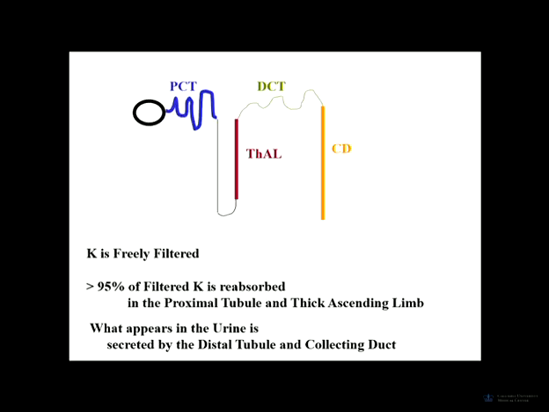So how does it do that? Well, potassium is freely filtered with a small ion, and 95% of the filtered potassium is reabsorbed in the proximal tubule and in the thick ascending limb. And eventually some of it is absorbed in the distal tubule. And what appears in the urine is largely not what was filtered.